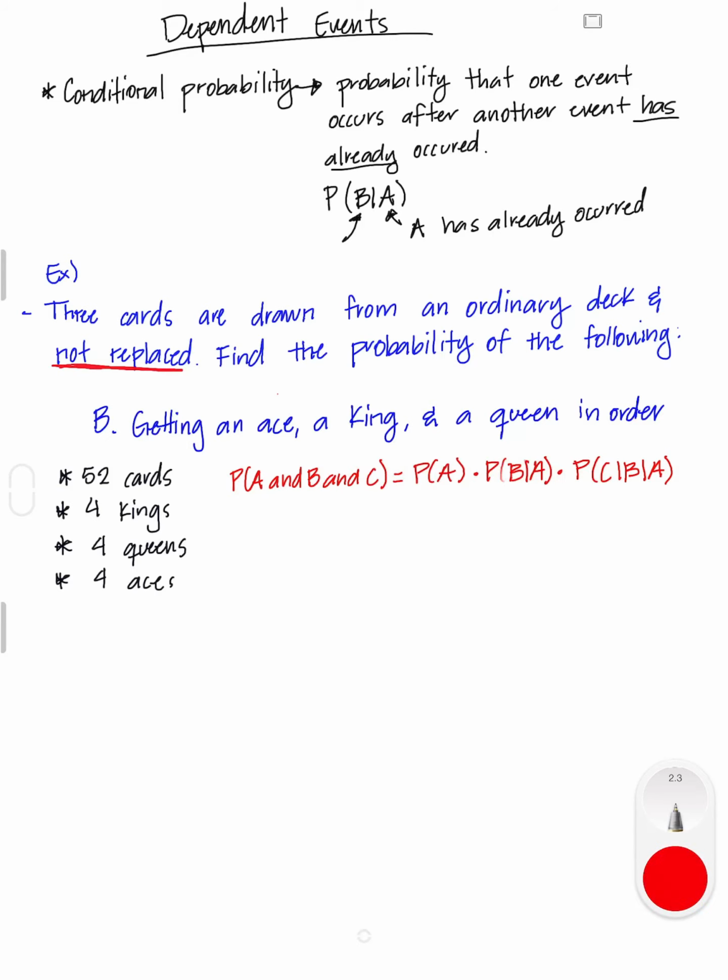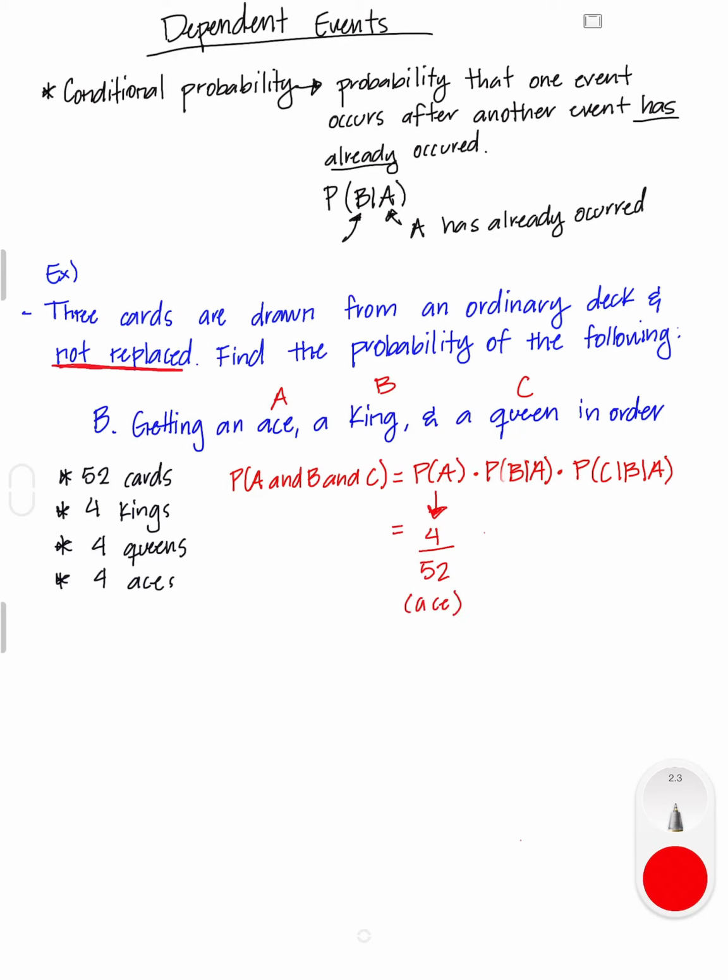Let me leave it with red. So the first probability we want to do is find the probability of getting an ace, right? So getting an ace is our event A, getting a king is event B, and getting a queen is event C. So the probability of getting an ace will be 4 out of 52.